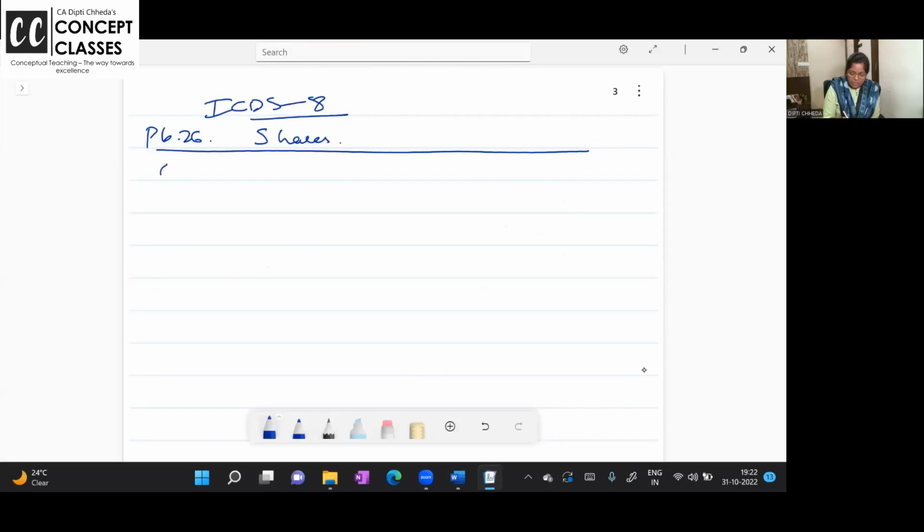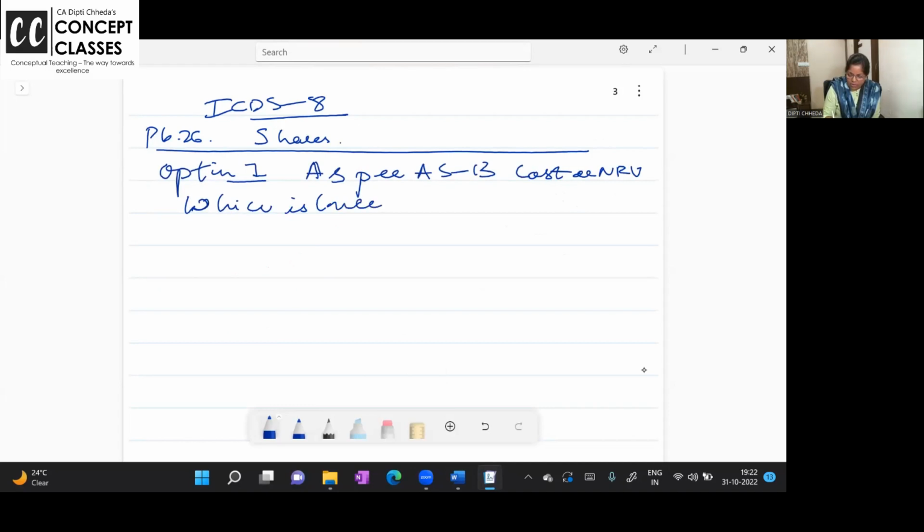Chalo. First, option 1, as per AS 13. Cost or NRV, whichever is lower, script wise or each company's share wise, right? तो चलो साथ में करते हैं.